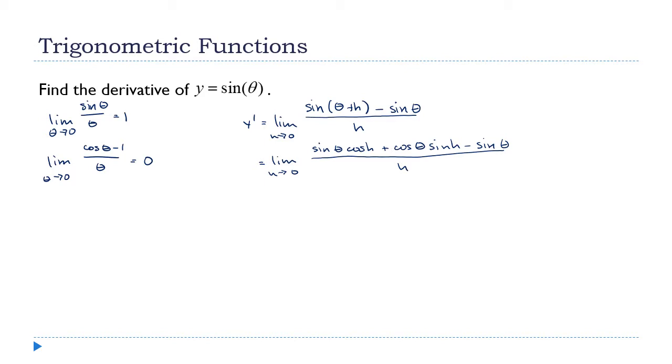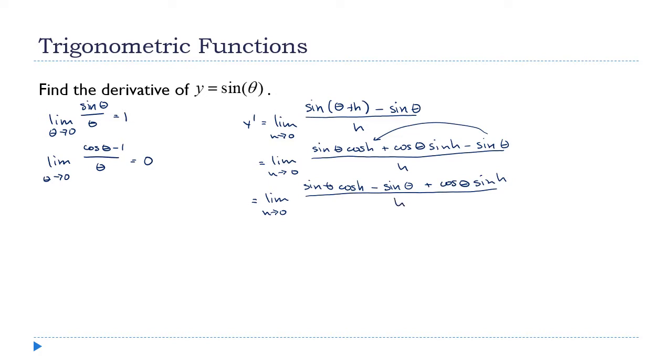Okay, now I'm going to do a little rearranging, right? I'm going to bring this sine over here. So this is the limit as h approaches 0 of sine theta cosine h minus sine theta. You see why I kind of put it over there, right? I'm looking ahead. I'm thinking maybe I can do some factoring with that part. Plus cosine theta sine h, all over h.